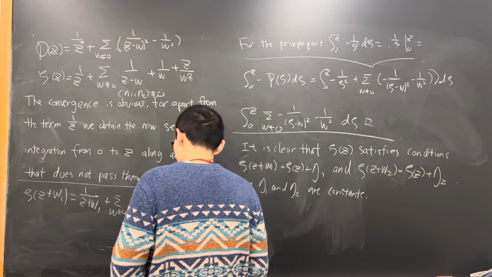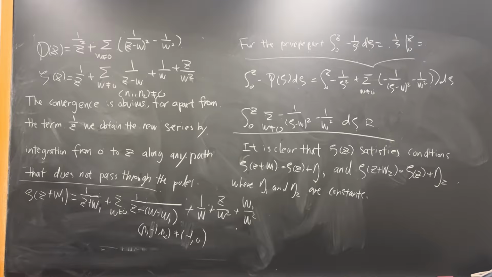So I think we get an actual omega 1 over omega squared. Okay, let's see what is the real difference between these two.